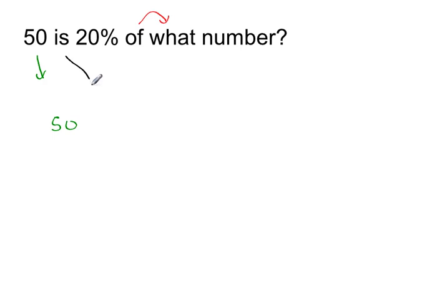Is mathematically means equals. 20% as a fraction is 20 over 100, simplified is 2/10 or 1 over 5. Of means multiplying. Multiplying by something I don't know, so of is times 1/5. I'm going to call my unknown x. So I have 50 equals 1/5 times x. That would be the equation part of it.